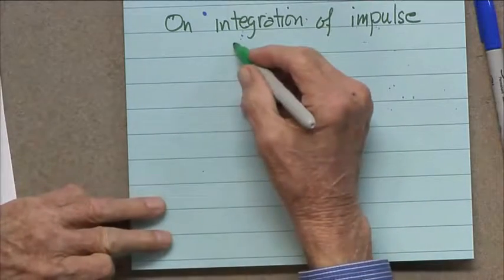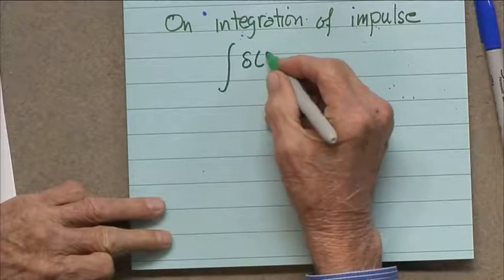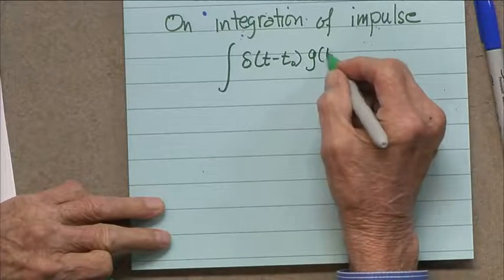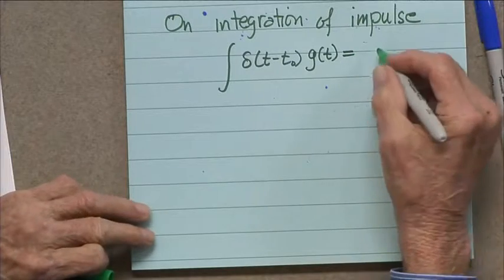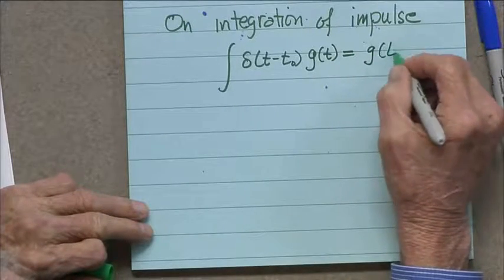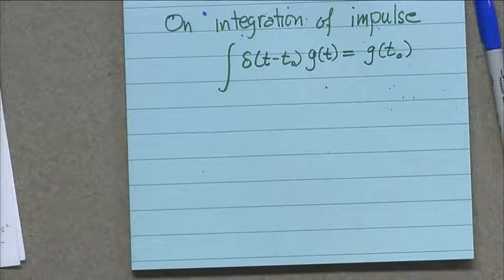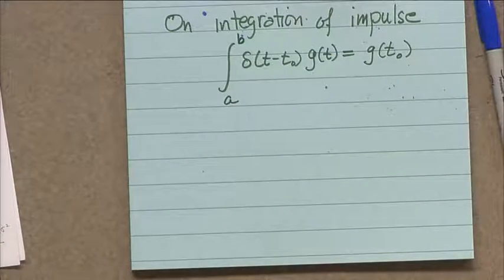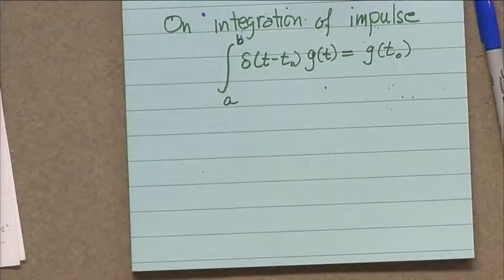Typically, we write the integral of delta t minus t0 times g of t is equal to g of t0, the so-called sample. That delta samples the function. But the integral from a to b has to include t0.